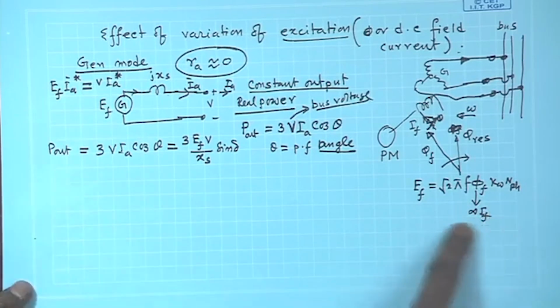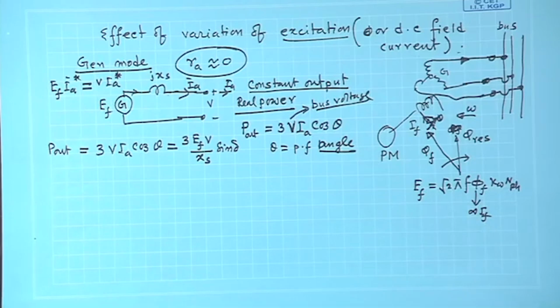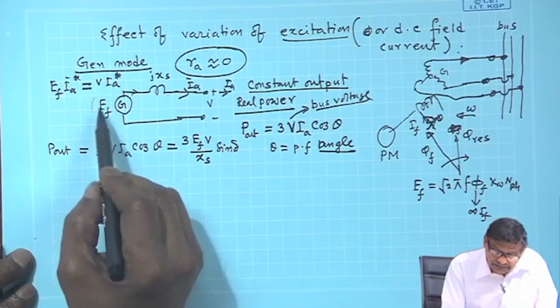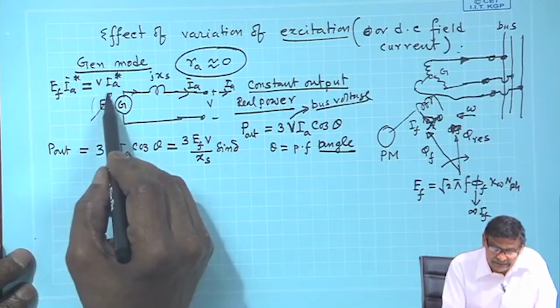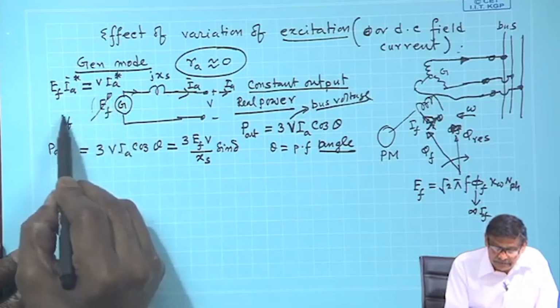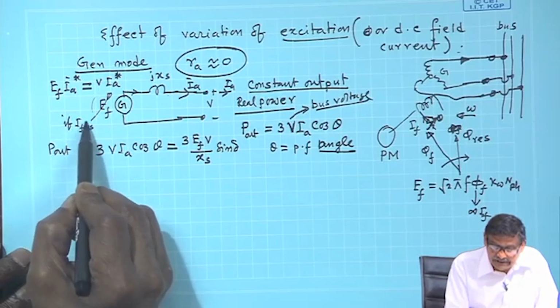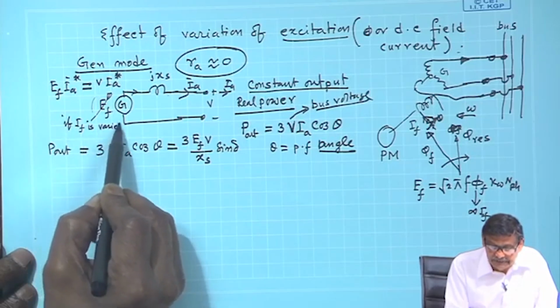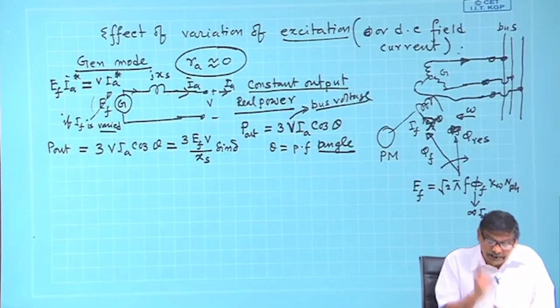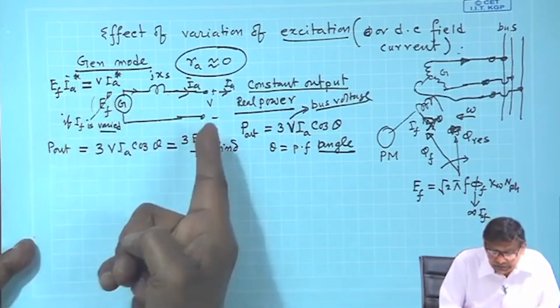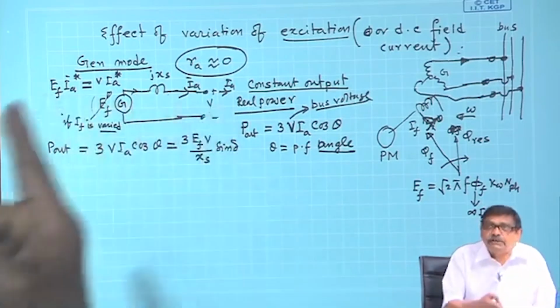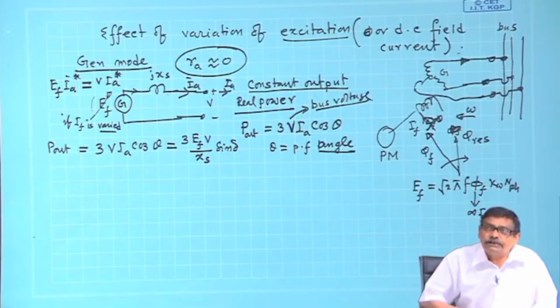Therefore, as you vary the field current of the alternator, the induced EMF in the alternator will change. E_F is bound to change, that is, the magnitude of this will change if I_F is varied, why not? But what I am saying is this: by doing this you cannot change the magnitude of V, the terminal voltage is fixed.